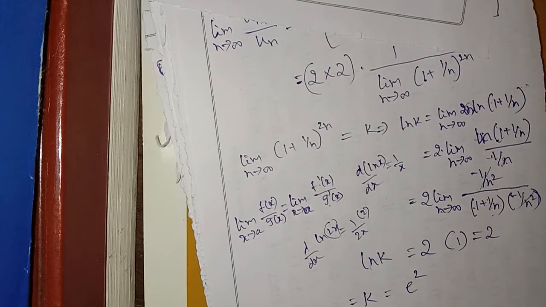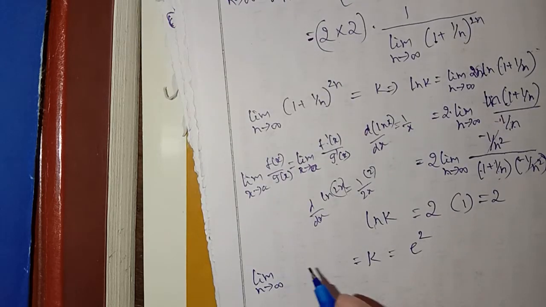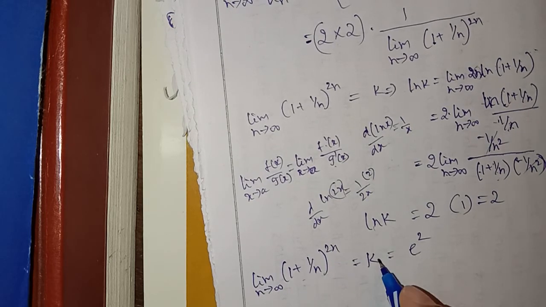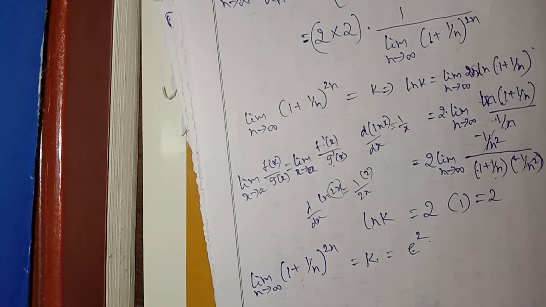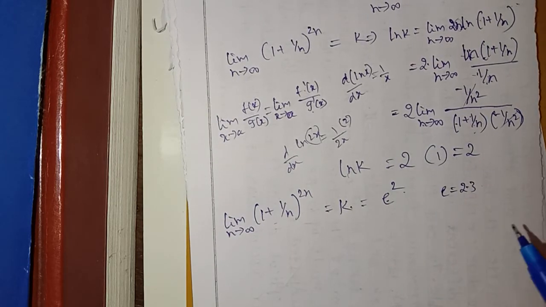What is k? The limit as n tends to infinity of (1 + 1/n)^(2n), that is k, which is equal to e^2. We know that e is equal to 2.3 something.